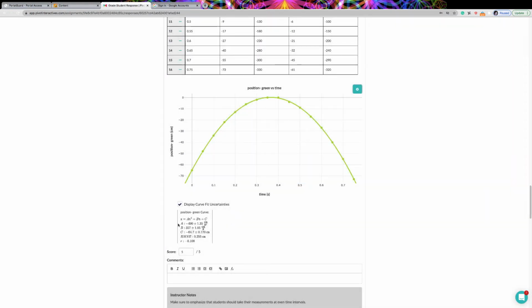That coefficient A is always going to be half of the acceleration. So half of the acceleration is 4.9 meters per second squared. So the acceleration would be 9.8. This is a really good example of an object that is accelerating.